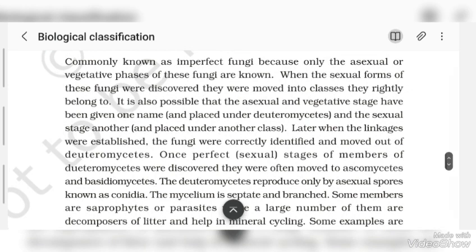Deuteromycetes, commonly known as imperfect fungi, because only the asexual or vegetative phase of these fungi are known. When the sexual forms of these fungi are discovered, they were moved into classes they rightly belong to.